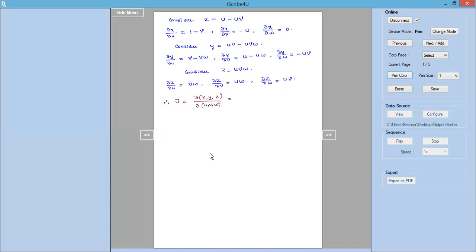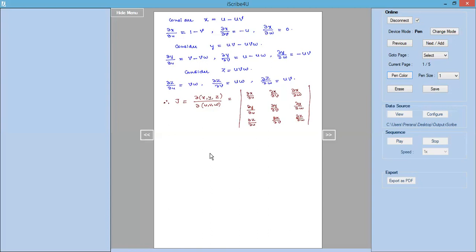The formula is dou x by dou u, dou x by dou v, dou x by dou w in the first row, dou y by dou u, dou y by dou v, dou y by dou w in the second row. Third row, dou z by dou u, dou z by dou v, and dou z by dou w. This is a 3 cross 3 determinant.